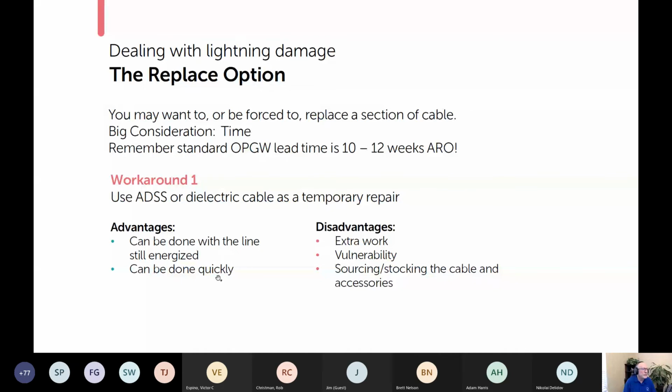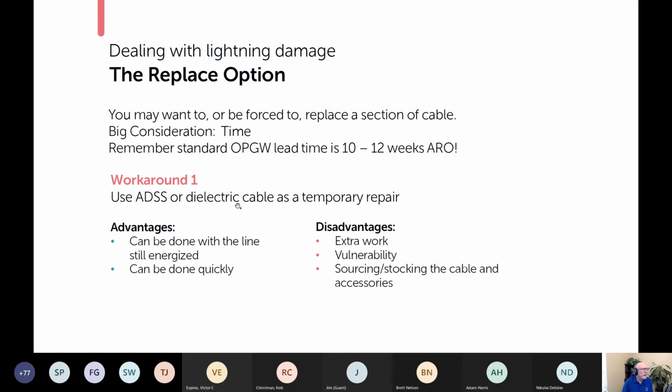Again, maybe some situations it would be more difficult, but in general, it can be done pretty quickly. Of course, the disadvantage is you're doing extra work because you're putting in a temporary repair and then you've got to go back and do something permanent. That ADSS cable might be relatively vulnerable while it's up as a temporary repair.